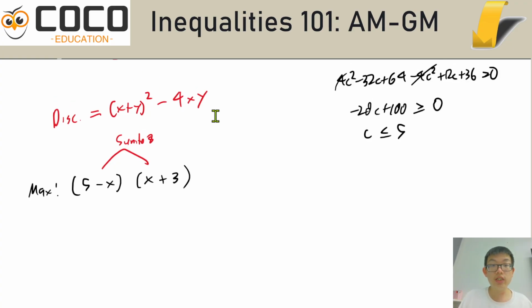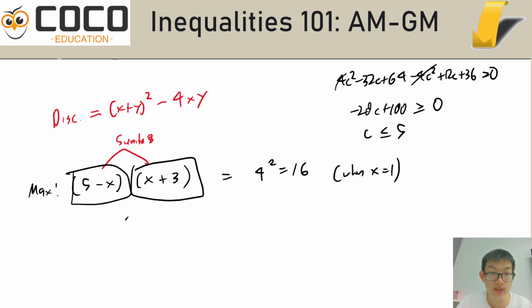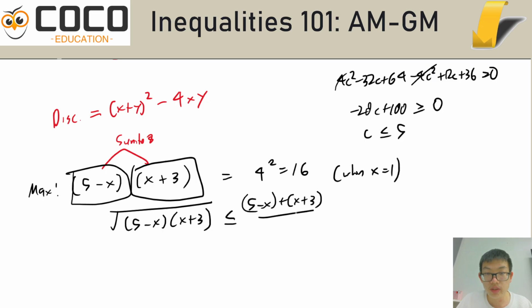Using just the common sense I said just now, if they sum to 8, then the maximum would be when they're both 4, when x equals 1. That is AM-GM, because AM-GM applied to these two guys says this.